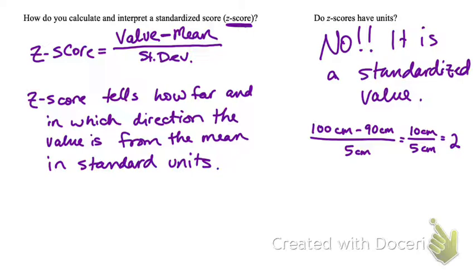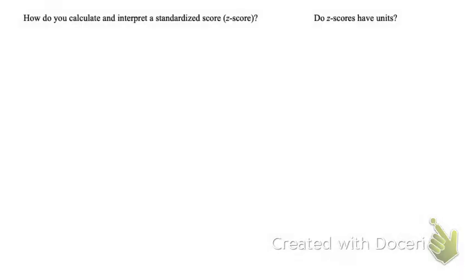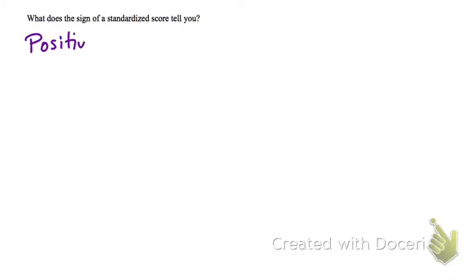Okay? All right. What does the sign mean? So we've kind of already alluded to it. The sign of the Z-score tells you whether it's above, below, or equal to. So a positive Z-score means that the value is above the mean.